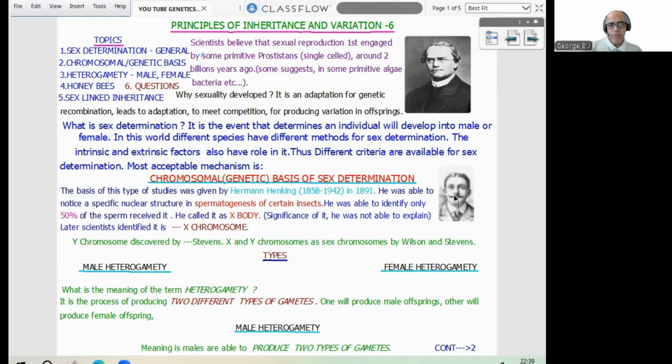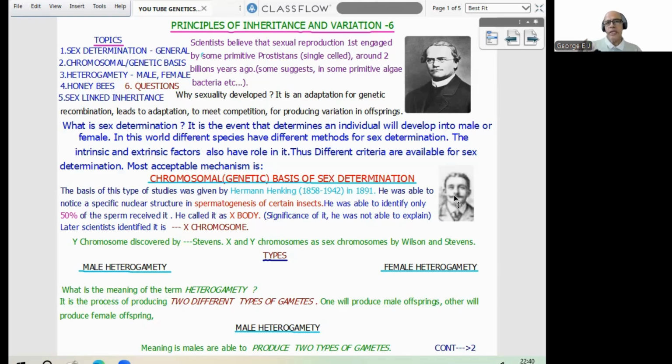He noticed a specific nuclear structure in the spermatogenesis of certain insects. He identified that only 50% of the gametes or sperm received that particular nuclear structure. So he gave it the name X body.